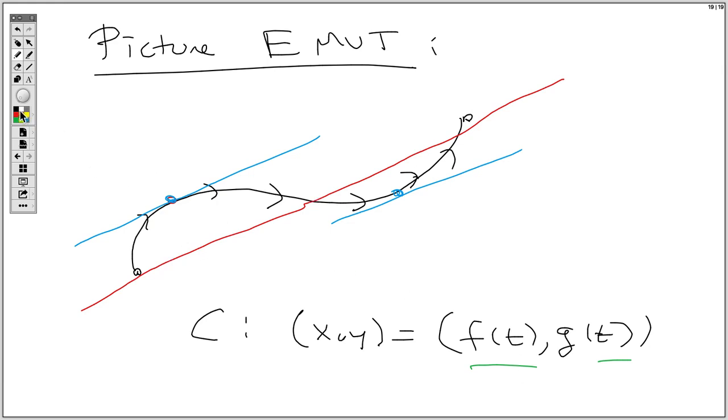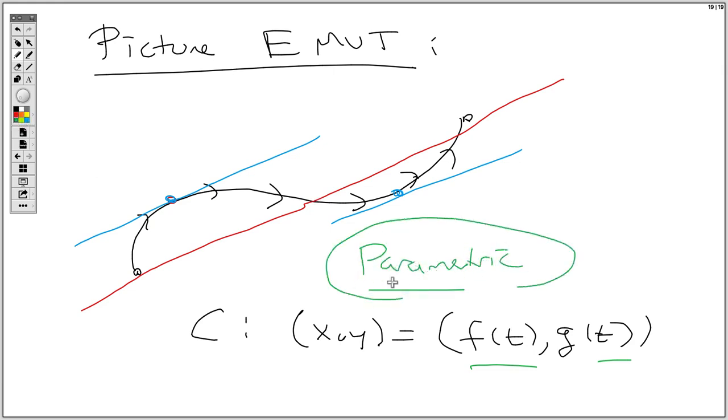But once again, this has to do with parametrics. Parametric equations is the best way to visualize that. So there is a picture, and it's the same concept as the pictures we've had before. It's just easier to visualize with parametrics.